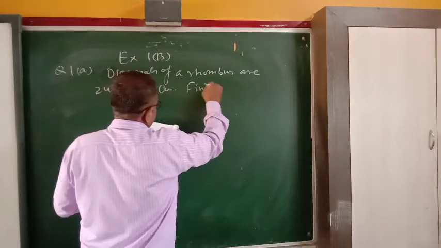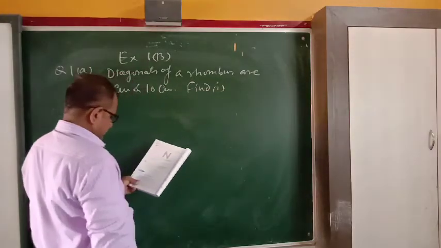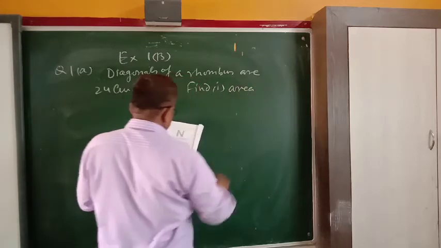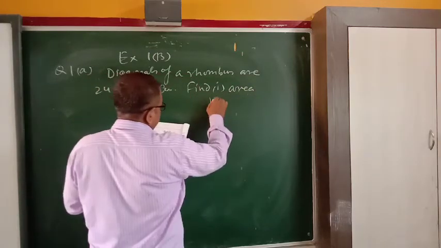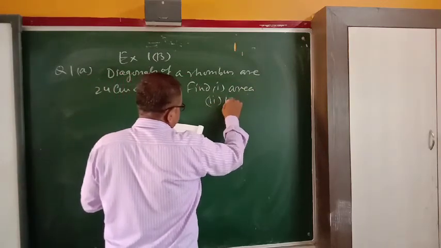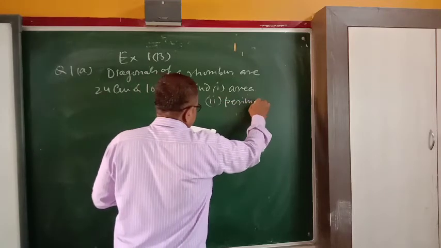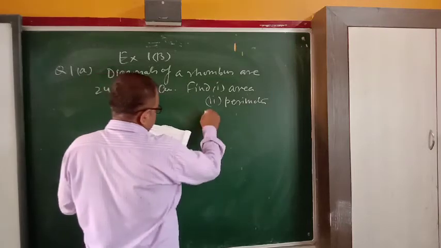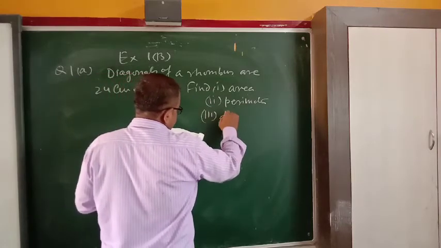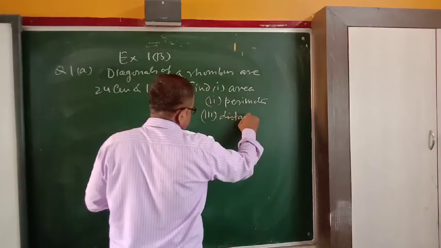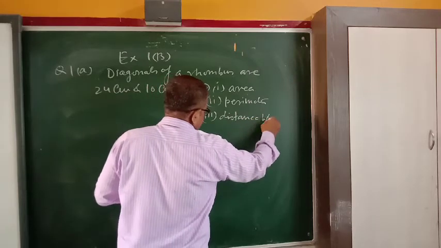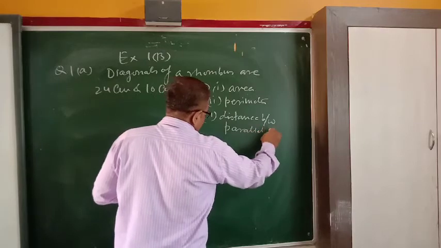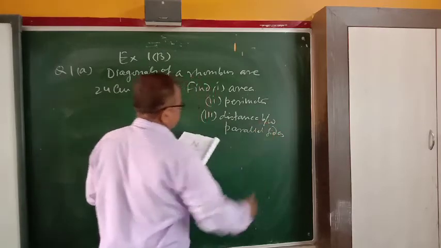We have to find, first part, area; second part, perimeter; third part, distance between parallel sides.